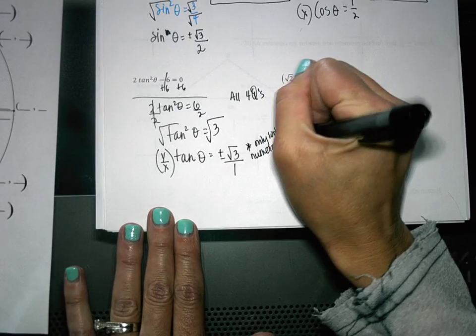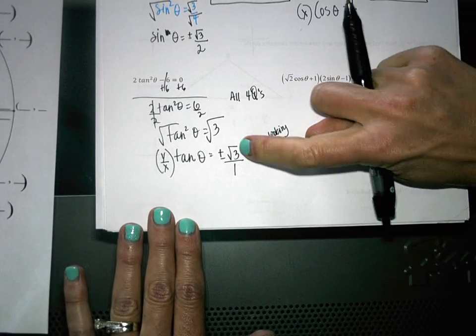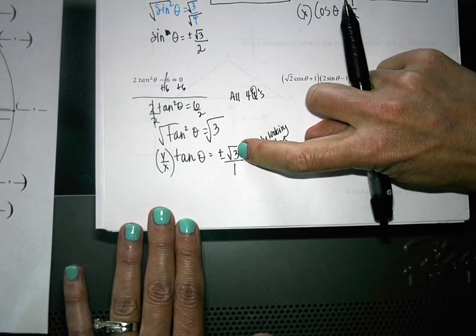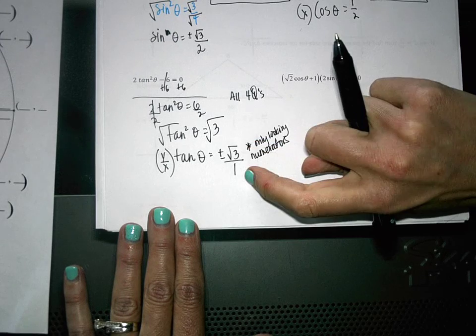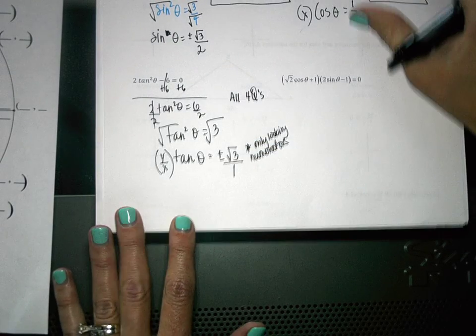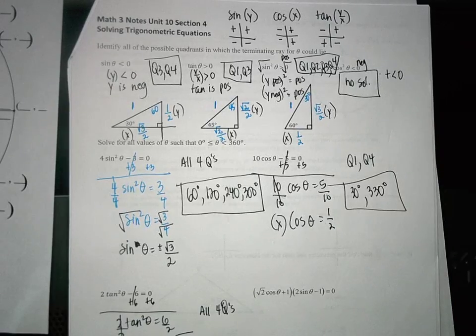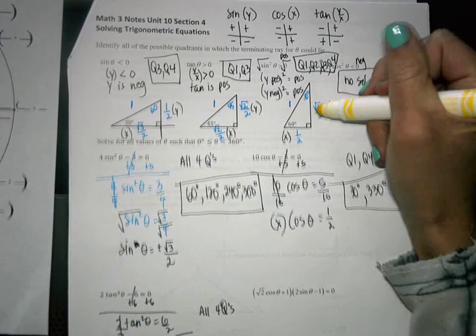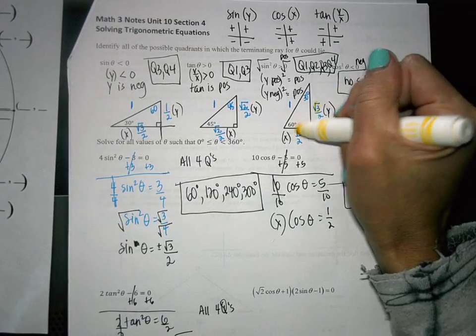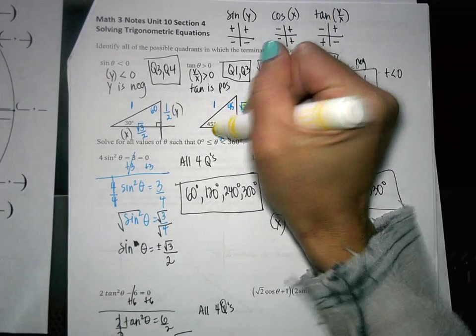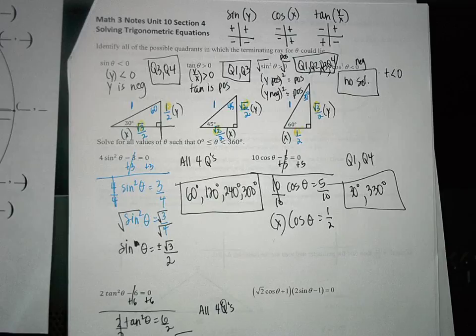So we're looking for when is the y value root 3 and the x value 1. So going up here and only looking at our numerators, I'm just going to highlight the numerators here for us. We are looking for when is the y root 3 and the x 1.